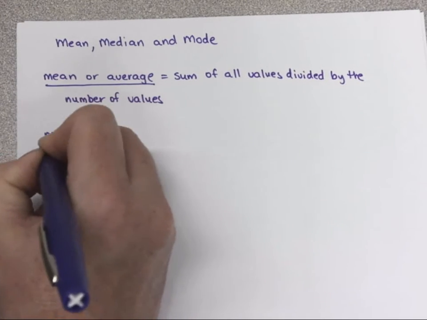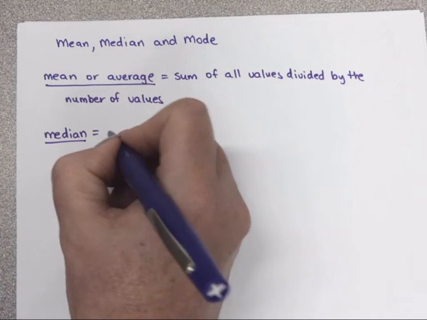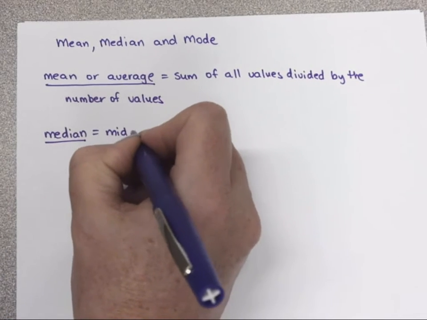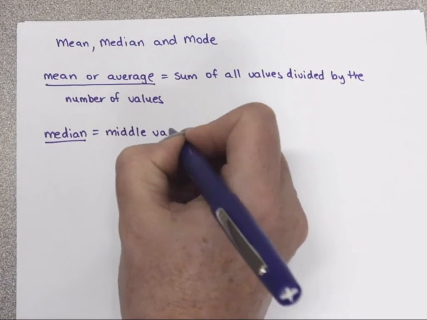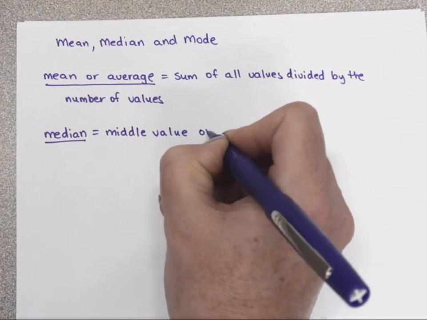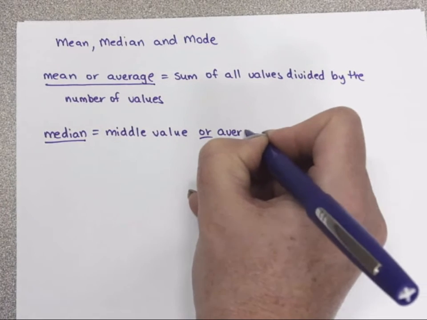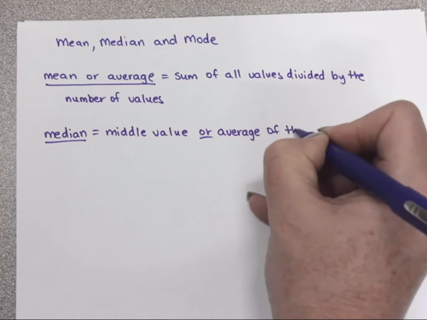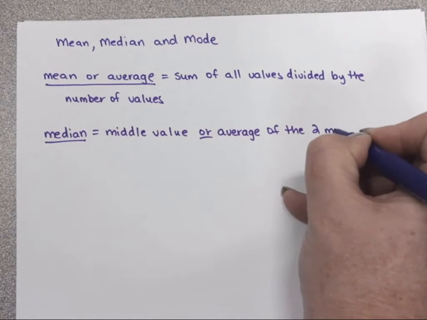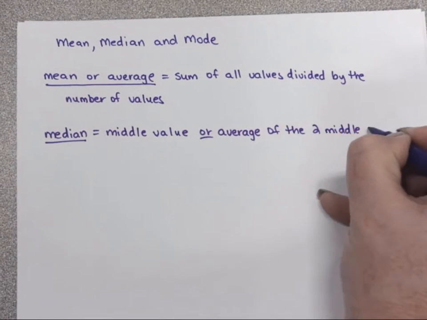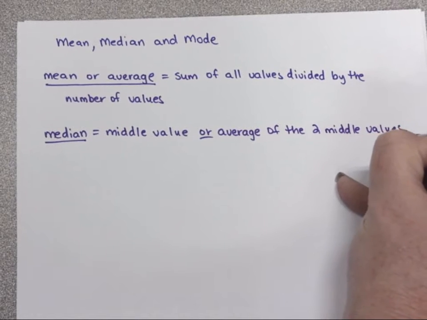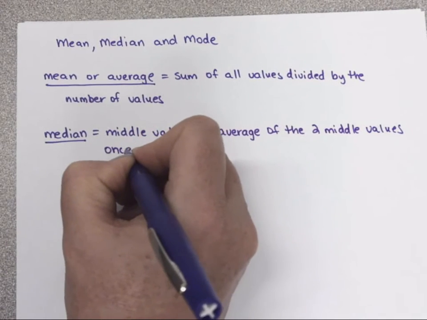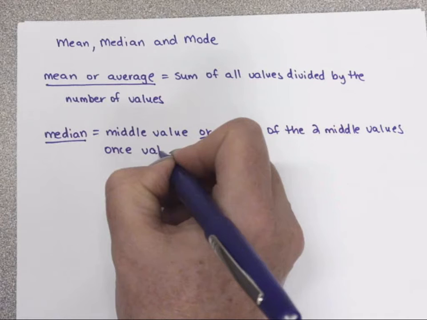Like the median of the highway you're driving on is the what? The middle, okay? So the median is the middle value. Or if there's two that are tied for the middle, it's the average of the two middle values. But make sure the second requirement is met. The values have to be in order.